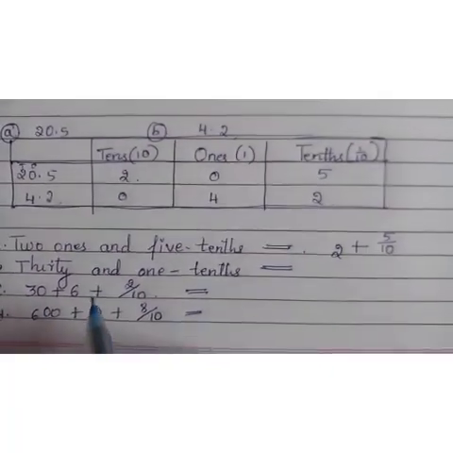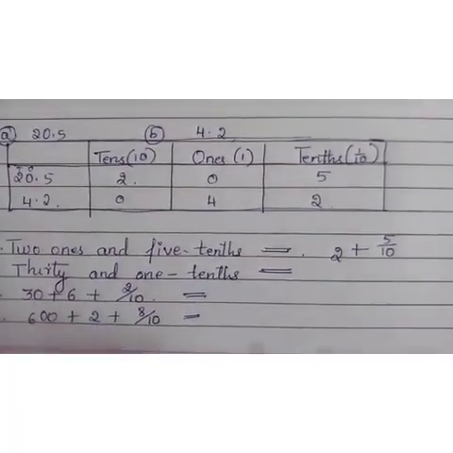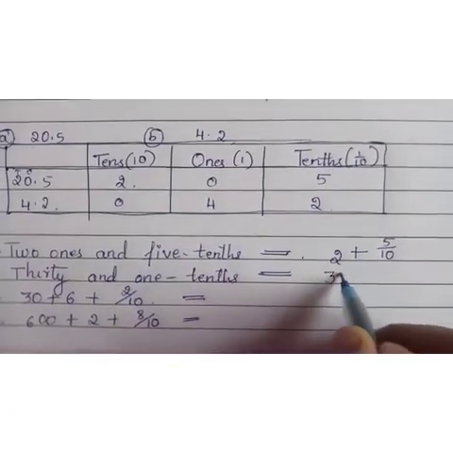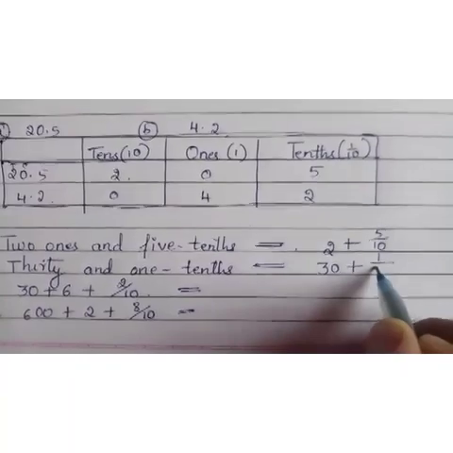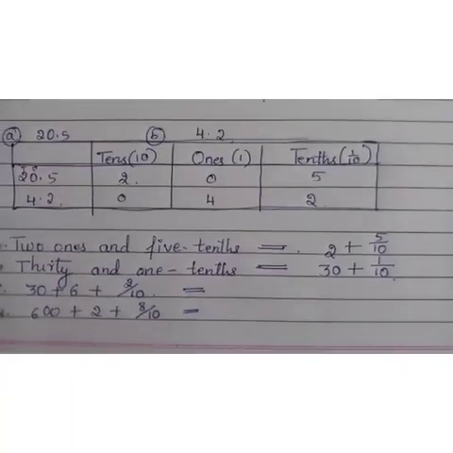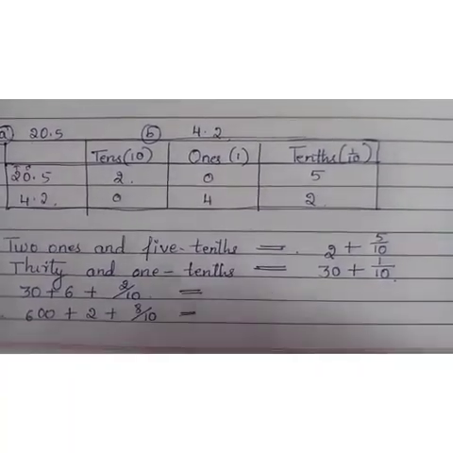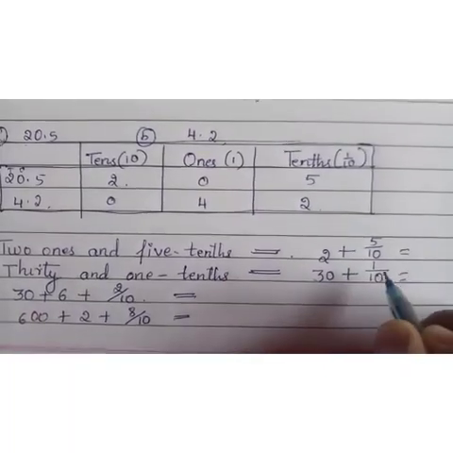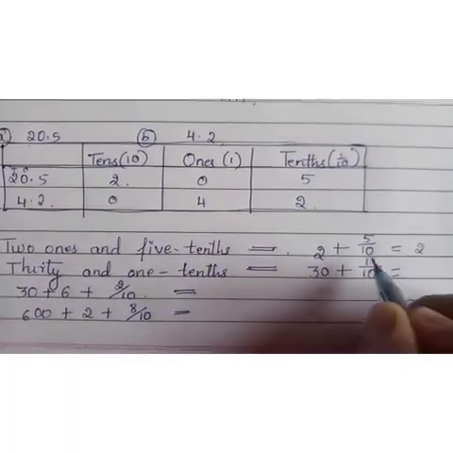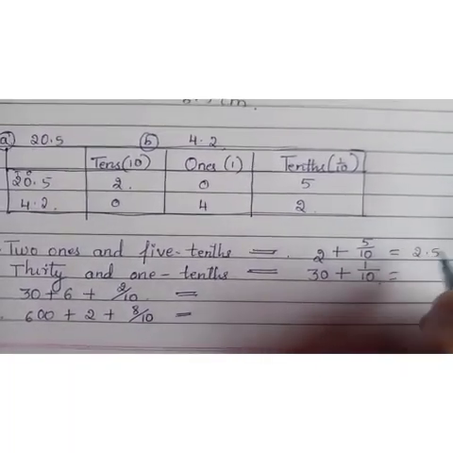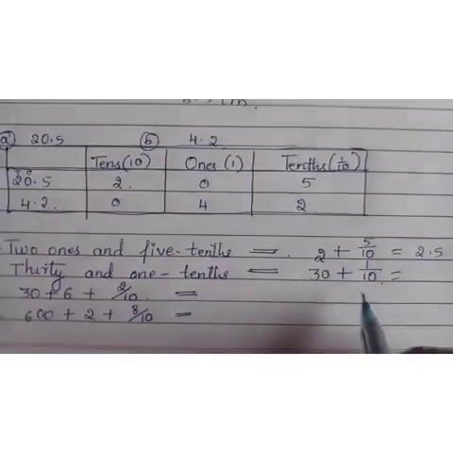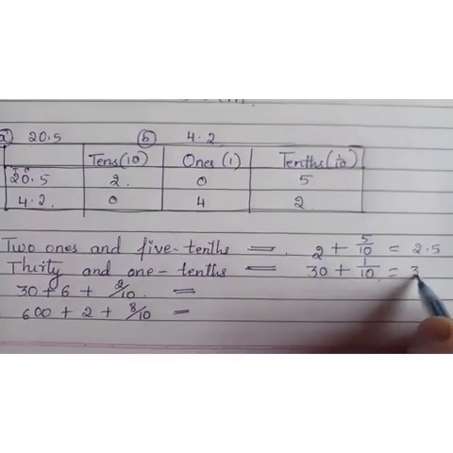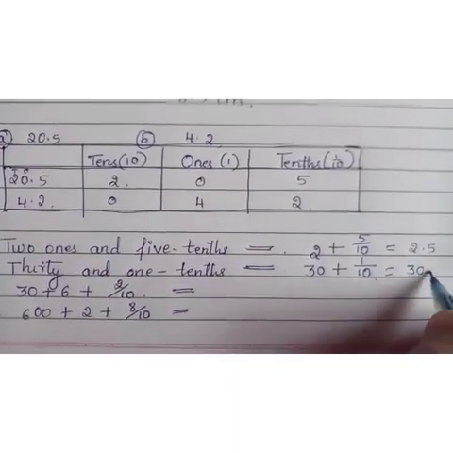Similarly, we have 30 and 1/10. So we will write 30 plus 1/10. So children, I hope it is clear. Further, you can also write it as 2.5 and 30.1.